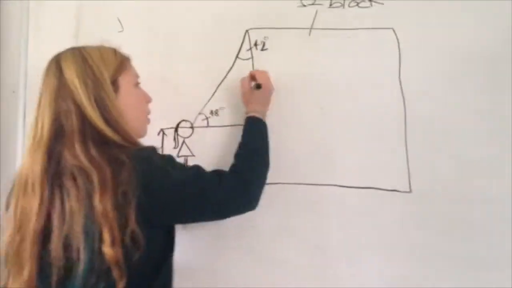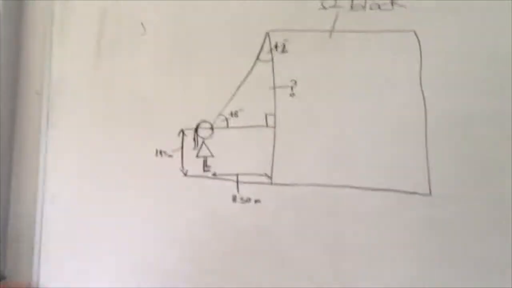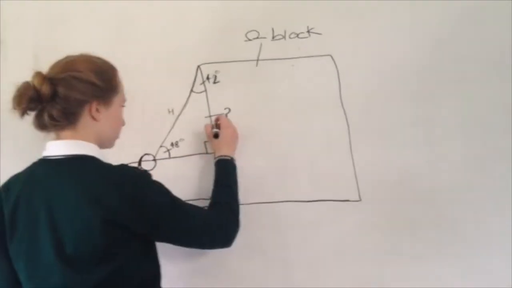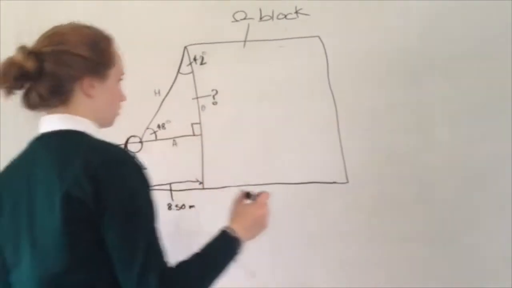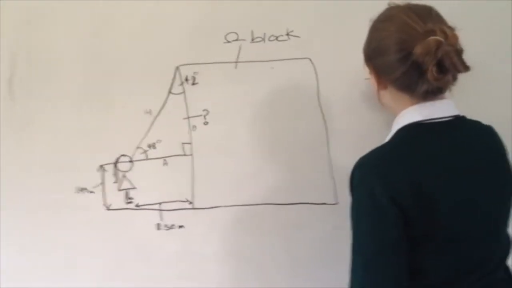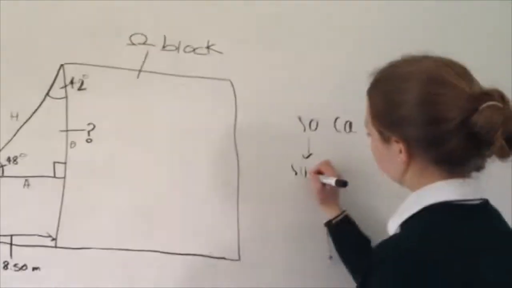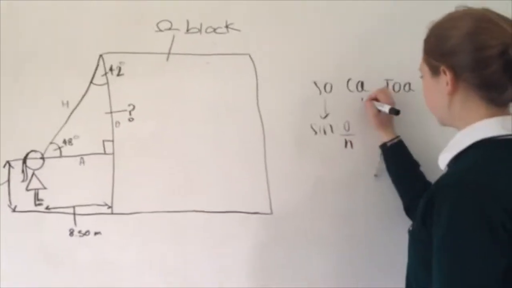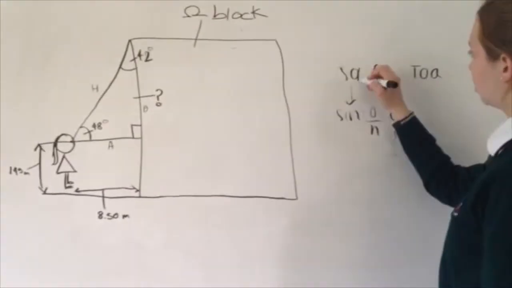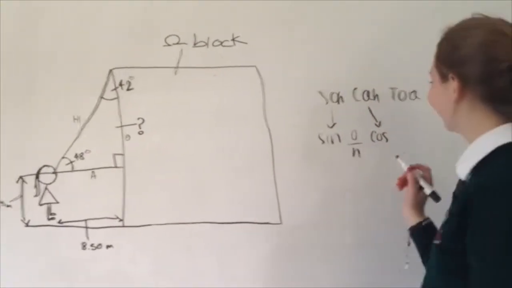We had all the angles, but we were missing one side, which would tell us the height of the building. So we labeled each side. We had the hypotenuse, the adjacent, but we had to find out the opposite. So we used SOH CAH TOA.